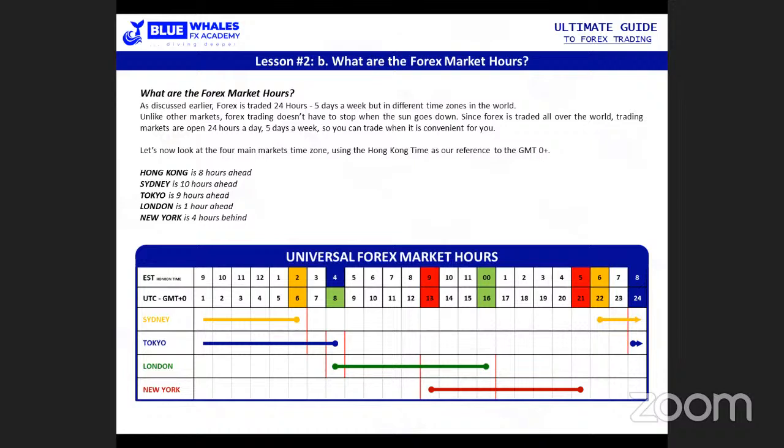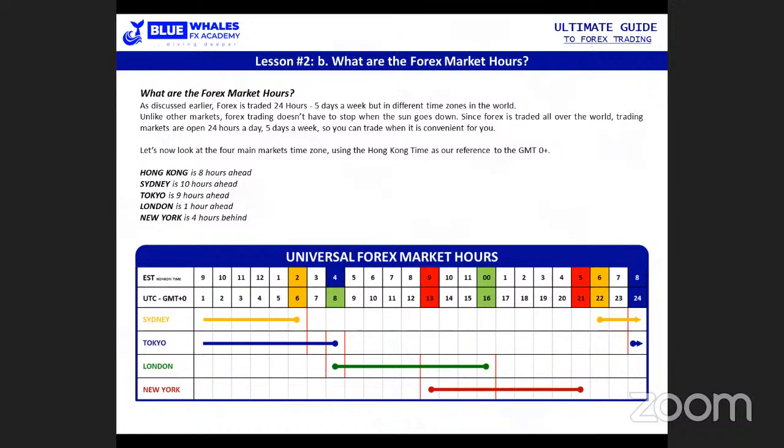So we have Sydney, which is 10 hours ahead, the Tokyo market, which is 9 hours ahead, London, which is 1 hour ahead, and New York or the US, which is 4 hours behind.